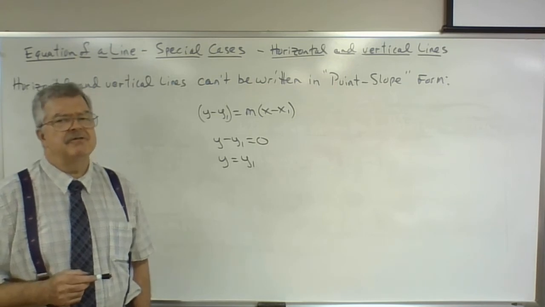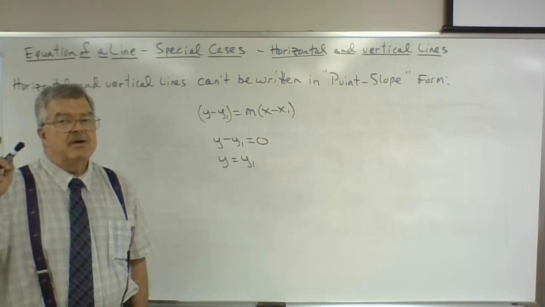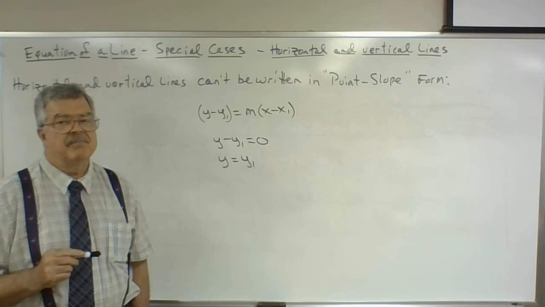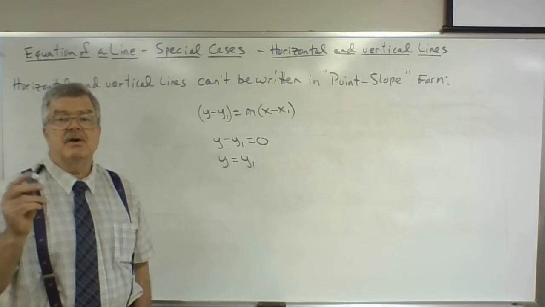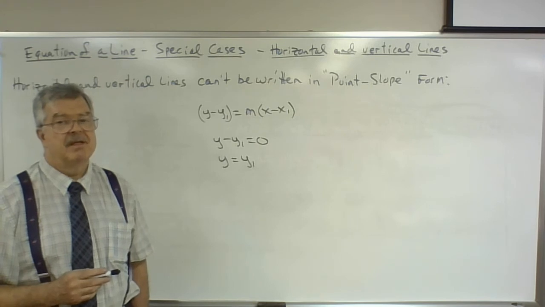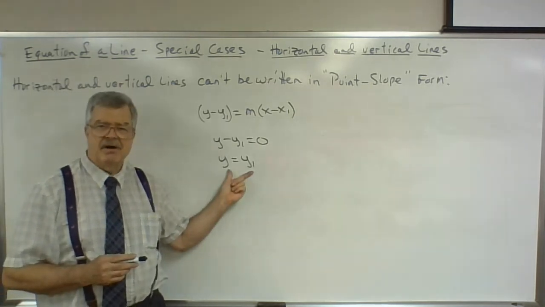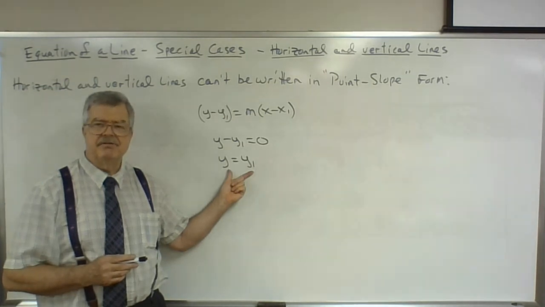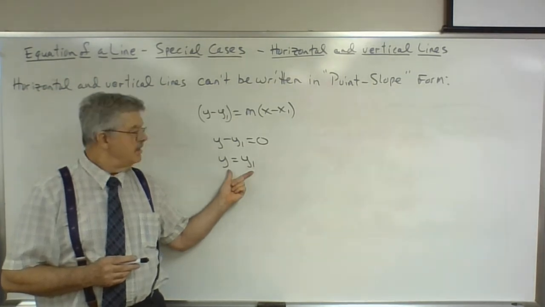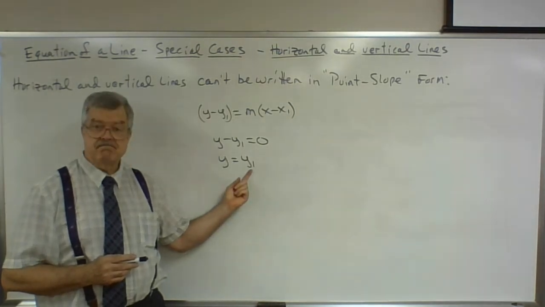Remember how a horizontal line is characterized? The y-coordinate of every point on a horizontal line is the same as the y-coordinate of every other point on the horizontal line. So we can characterize a horizontal line completely just by saying, okay, pick one point on the line, see its y-coordinate.